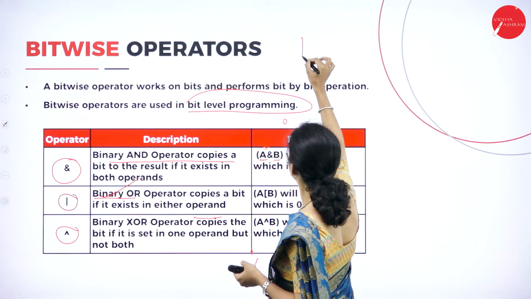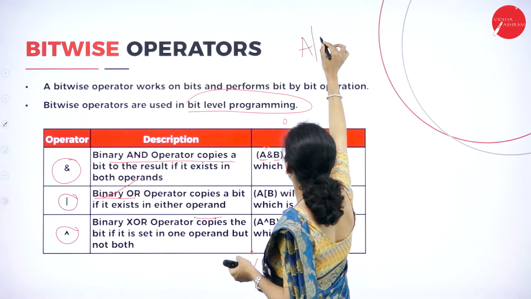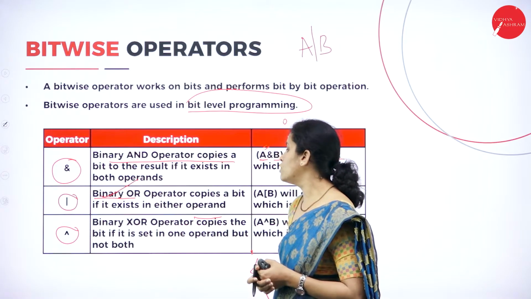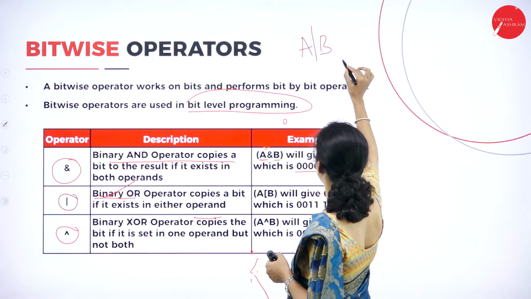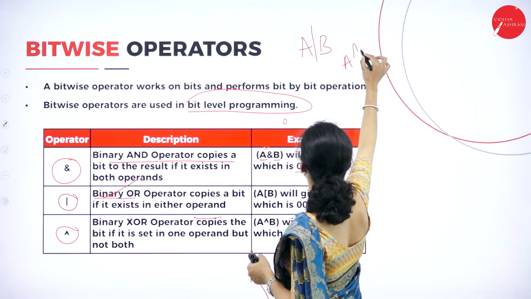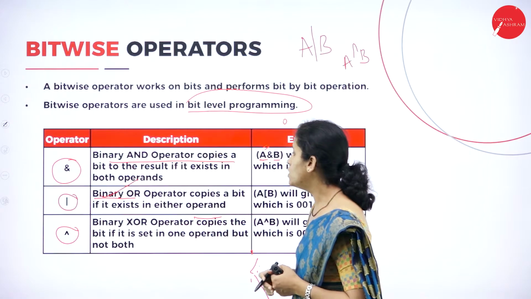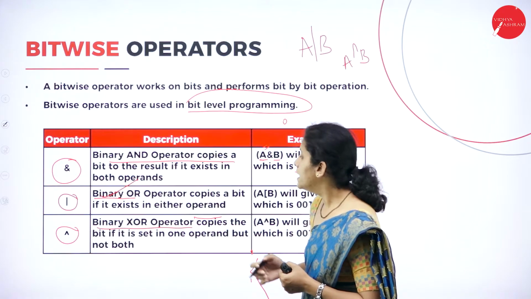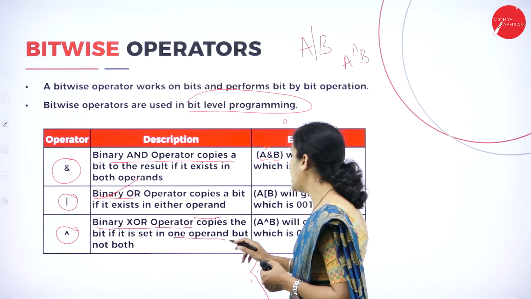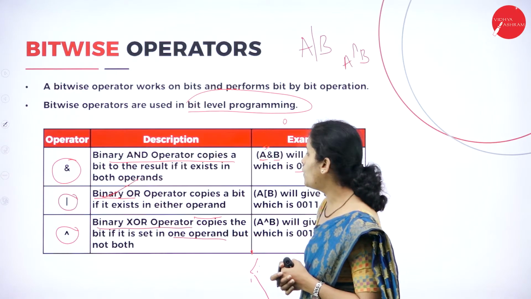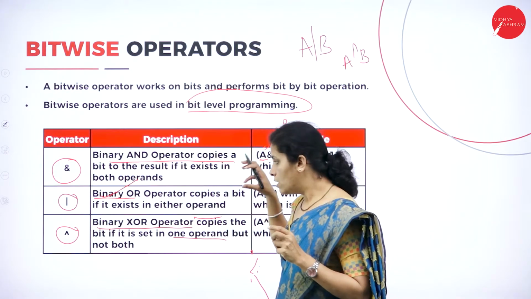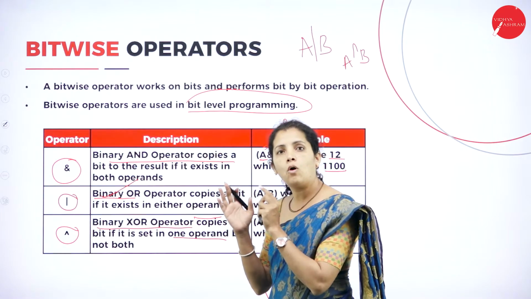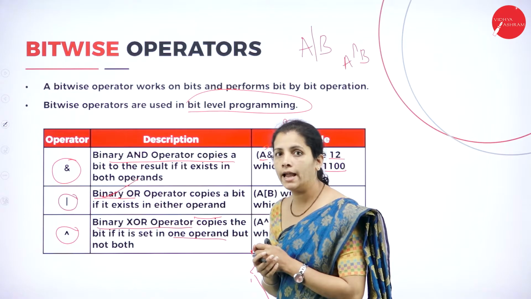And how do we represent it? A OR B. And if I consider the binary XOR operator, then how do I represent it? A XOR B. So the binary XOR operator copies the bit if it is set in one operand but not in both. It is going to copy the bits and consider only one bit, and the input must be present at that bit.